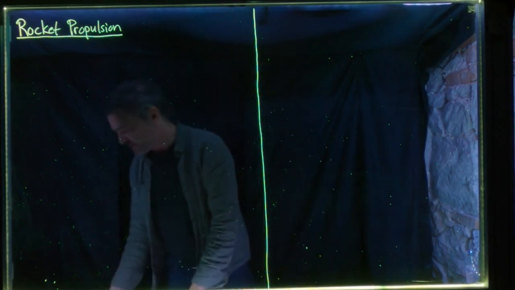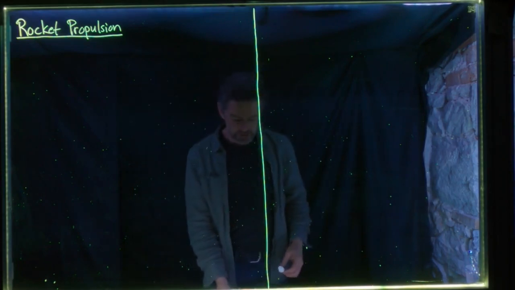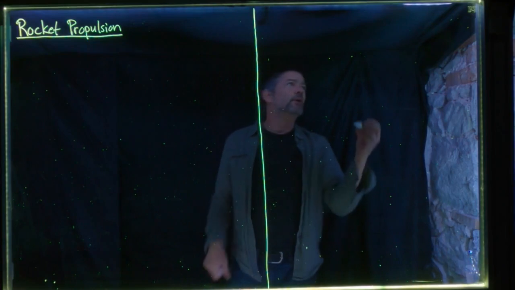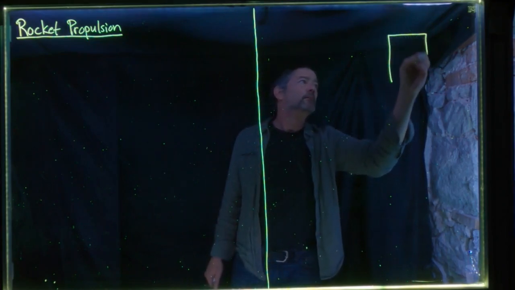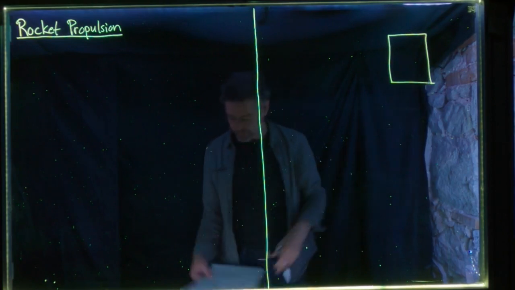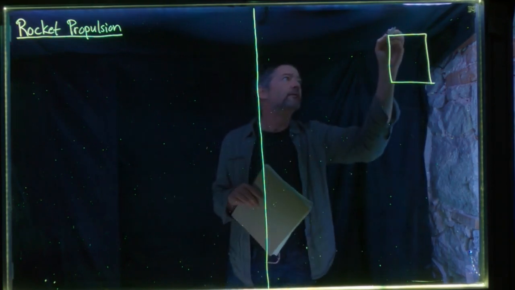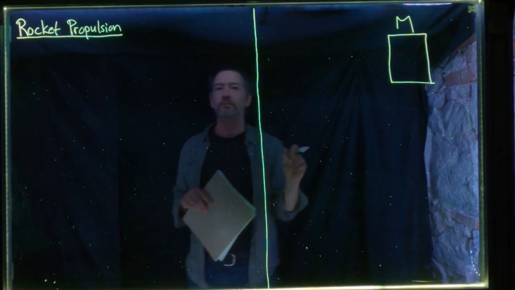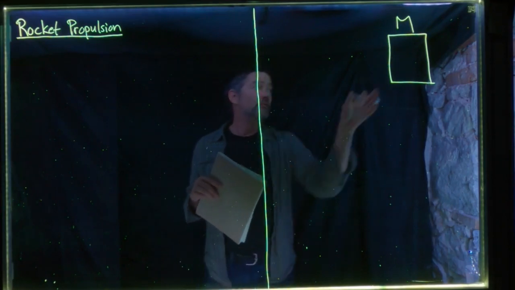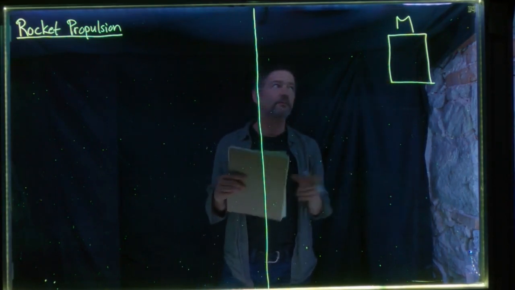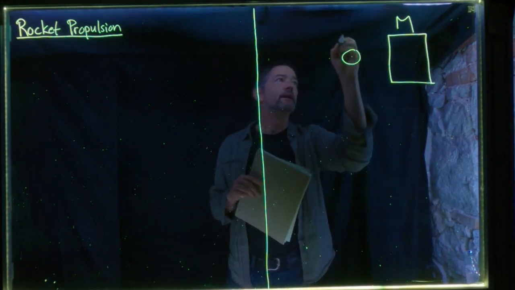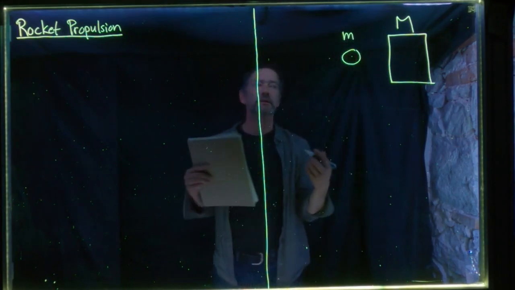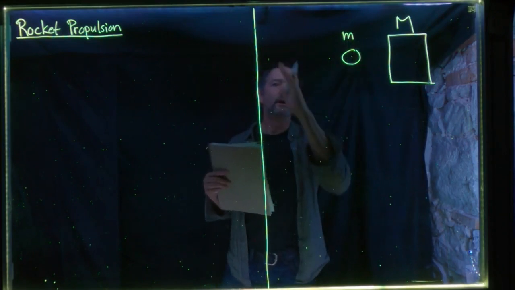Okay, so let's actually talk about this in a little bit of detail. What we've got here, we're going to say that this box is of some mass, big M, and this mass represents the mass of the boat and all the cannonballs in it. And what you've done is you've picked up a cannonball. This cannonball has a mass little m, and the idea is you're going to exert a force on that cannonball.